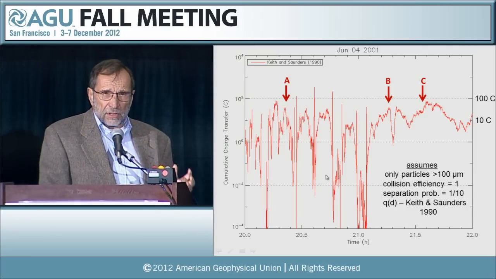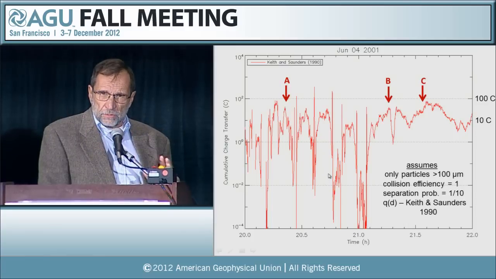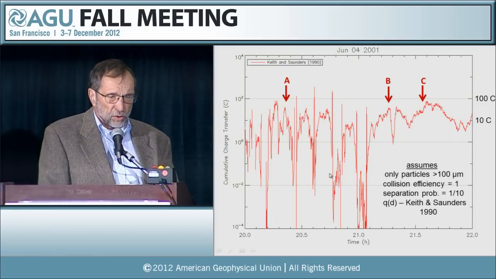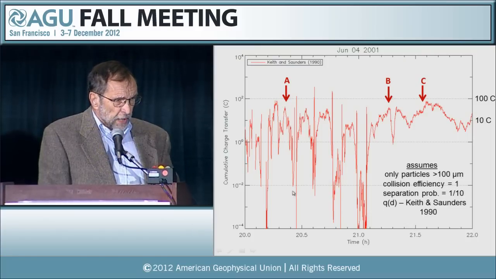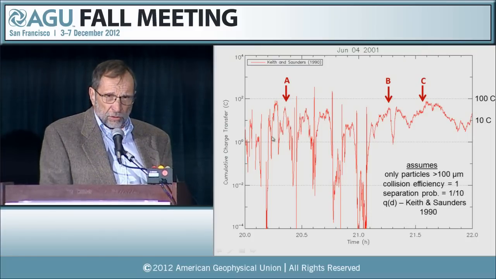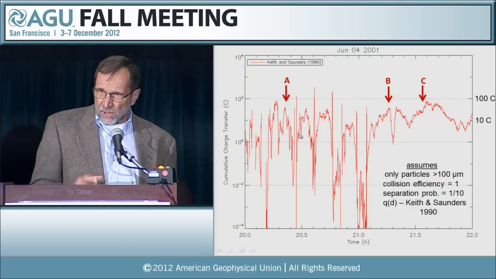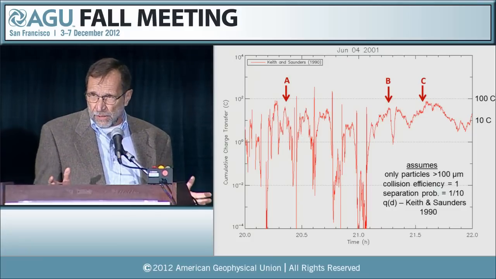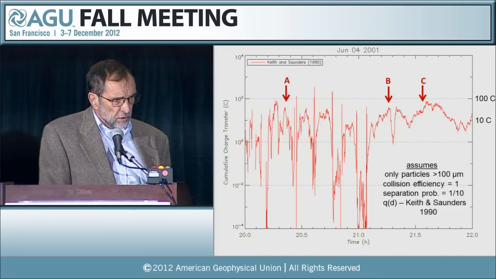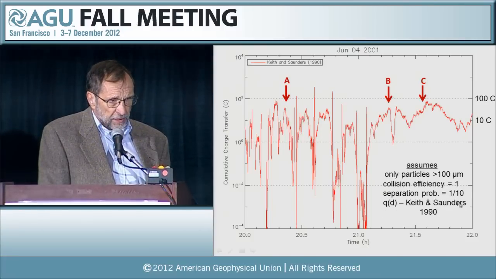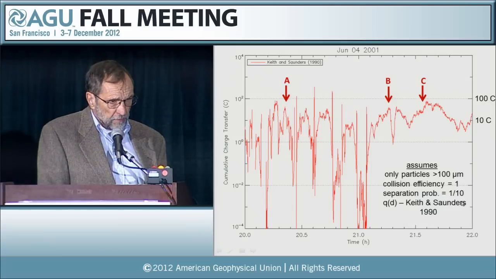Now, using the collision rates based on our observed particle size distributions and also using some of the laboratory work, I'm now looking at the total charge accumulated in this 20 by 20 by 3 kilometer volume in a 10-minute period. This plot uses the results of Keith and Saunders in 1990, which I believe is the low end of things.